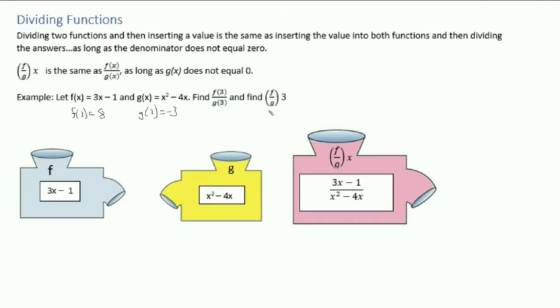And then here we have the division, so it's f of x over g of x. So we can plug a 3 in here, and we get 8 over negative 3. And that's what we get here if we do them separately. 8, we found this one. We found this one's negative 3, so 8 over negative 3. They are the same thing.